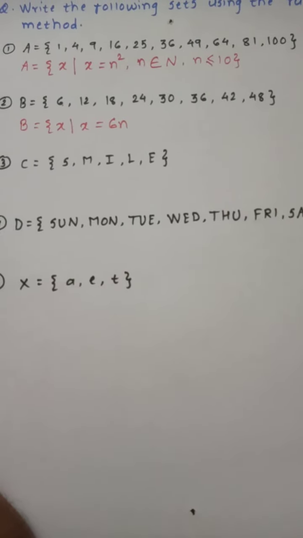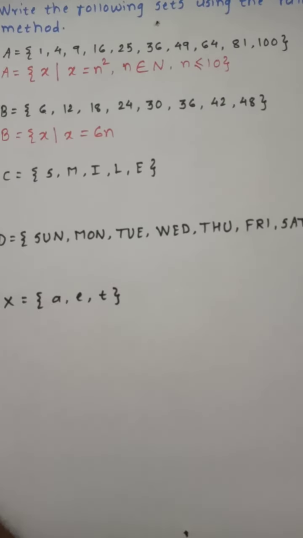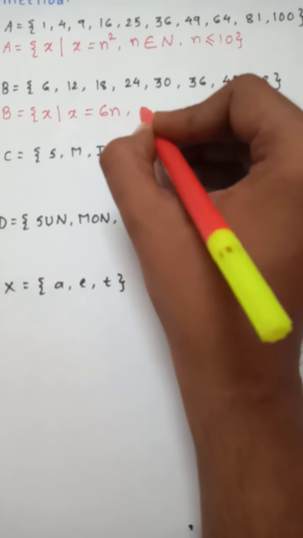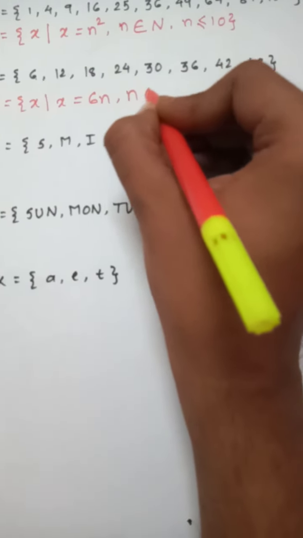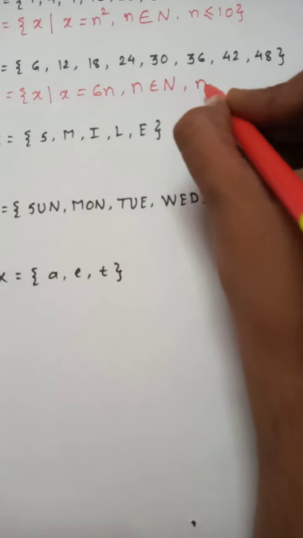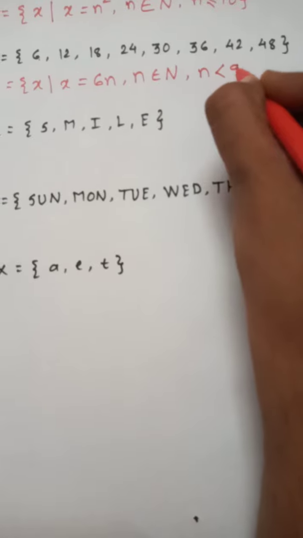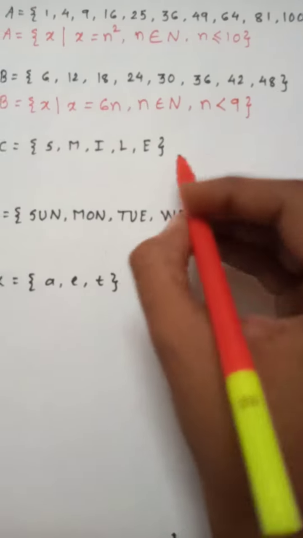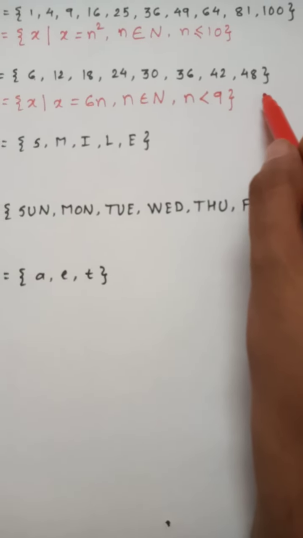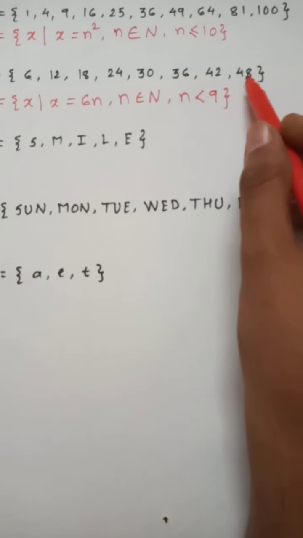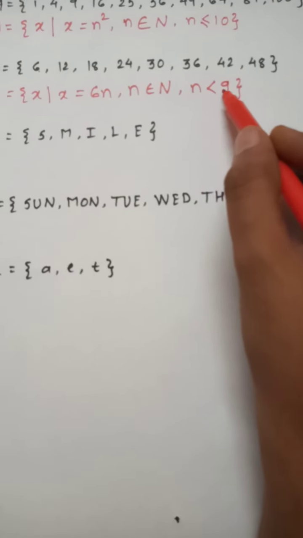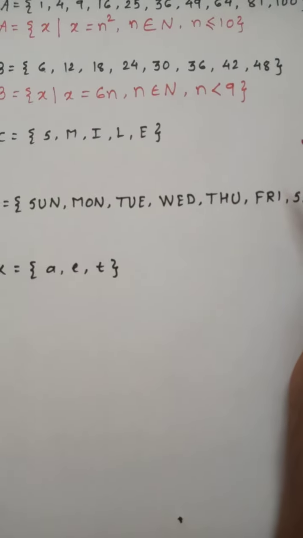So for specifying the condition, we can say that small n also belongs to the set of natural numbers. n belongs to capital N and n is less than 9, because only up to 6 eights are 48, means for the value of small n equal to 8 we are having the elements in the set. That's why I have written n is less than 9.